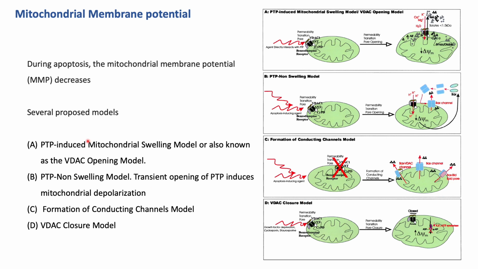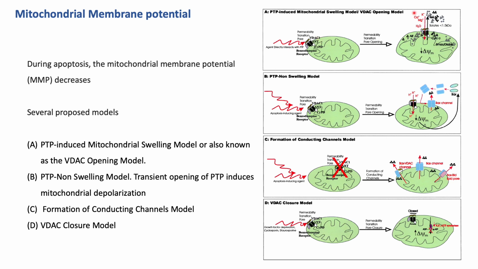So now let's look at each of these four models. The first one is the PTP induced mitochondrial swelling model, also known as the VDAC opening model. VDAC opening is triggered upon direct interaction of an apoptosis inducing agent and PTP.